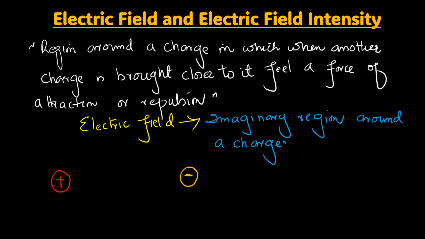In a positive charge, the electric field lines are present around it, and these lines are directed outward from the positive charge like this. Please keep in mind that the electric field lines are basically imaginary lines.